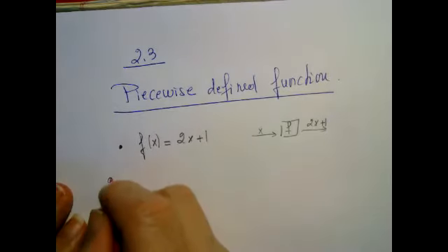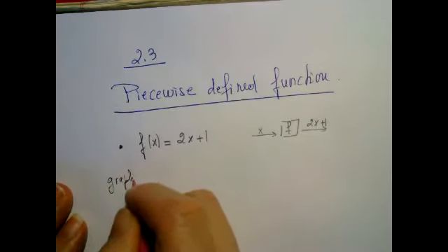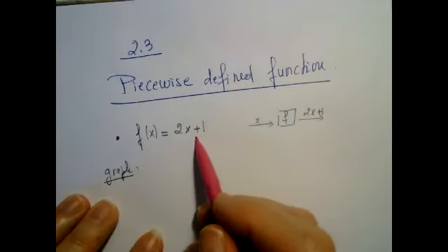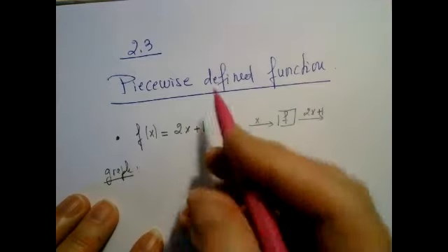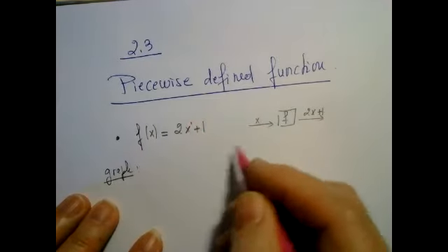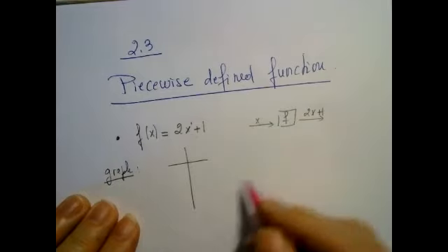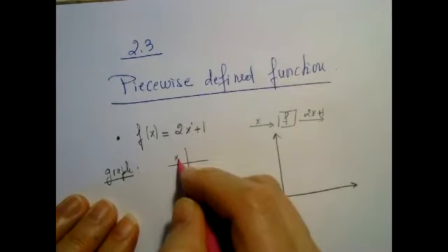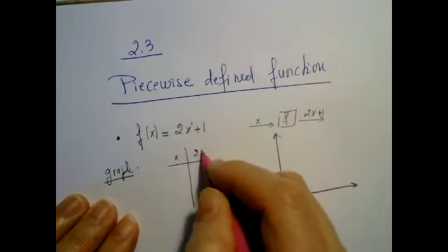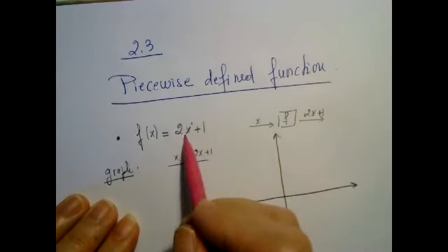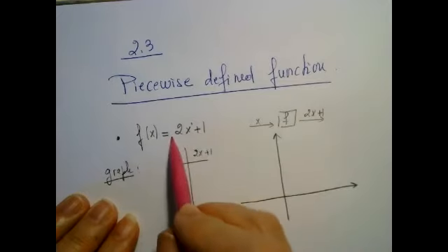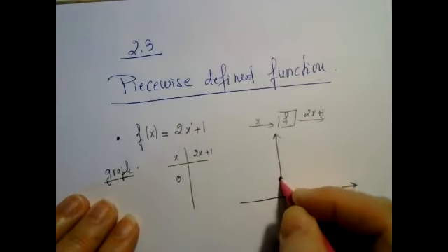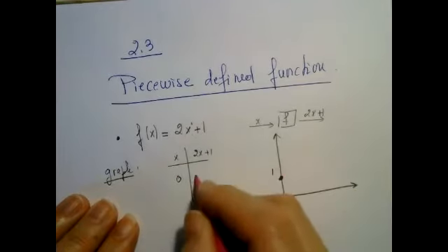And if I tell you to graph this function, we should recognize by now that it's a line, and that's crucial. The power here is 1, so it's a line. To graph it, you can simply take 2 points. I can put 0, for example, and this gives me a 1.